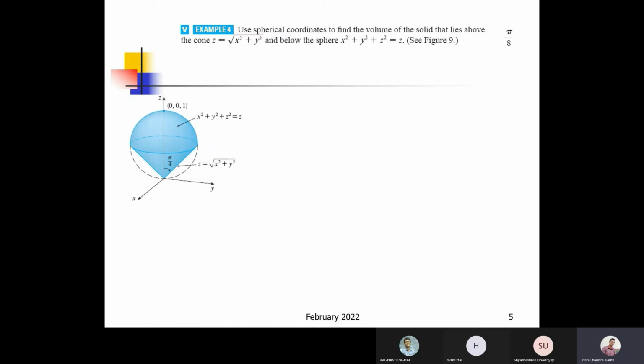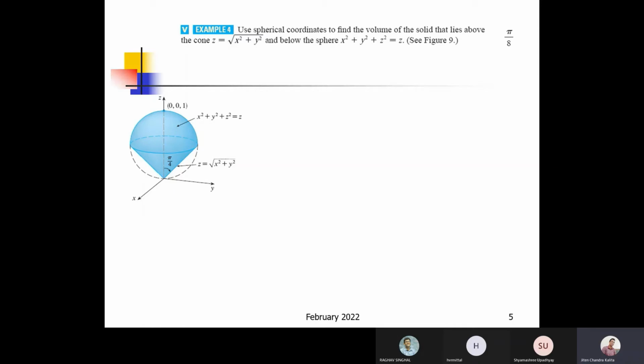And the sphere x square plus y square plus z square equal to z. So basically, this is a sphere with center 0, 0, half, and radius half.